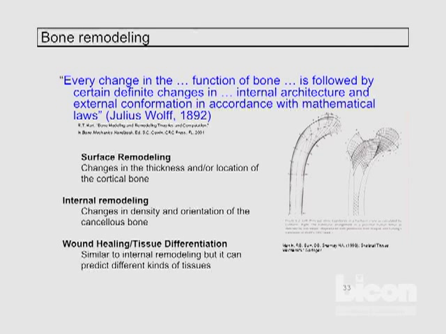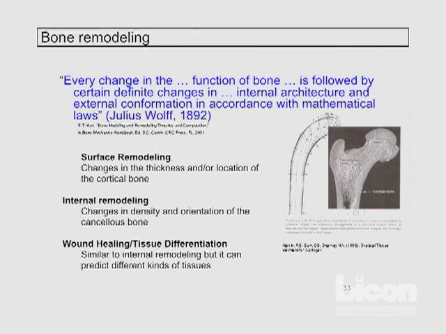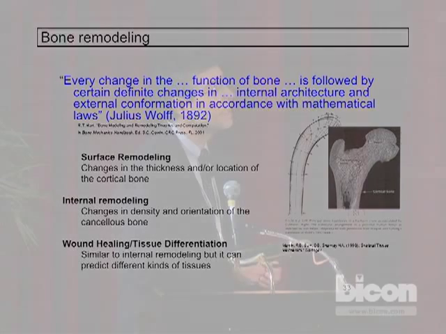It was pointed out to him that the principal stress directions in a structure that looks like this are very similar to the cancellous bone orientation. So, in fact, this is a cancellous bone. Based on observations like this, and long years of observations, he stated Wolff's law.